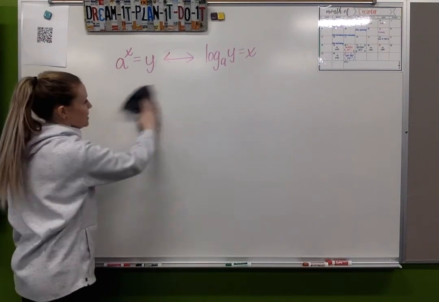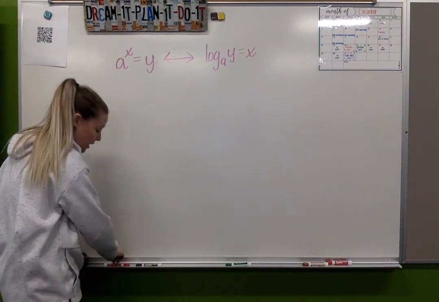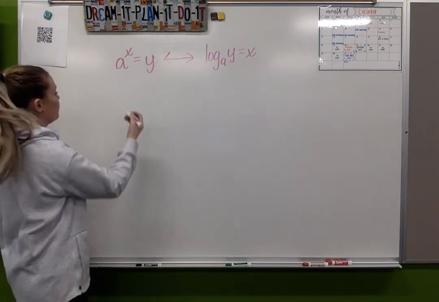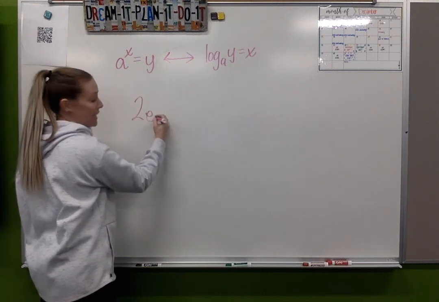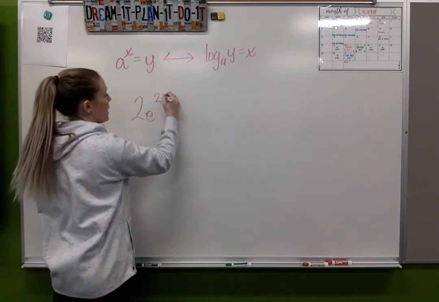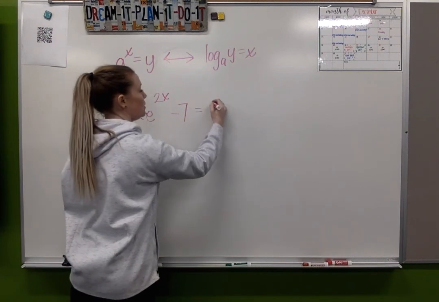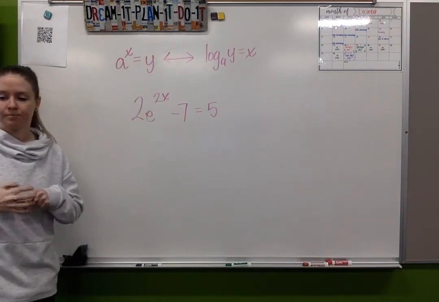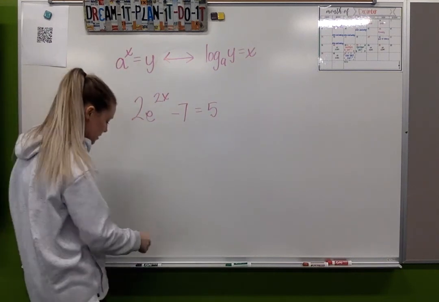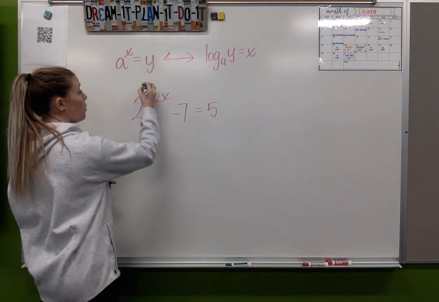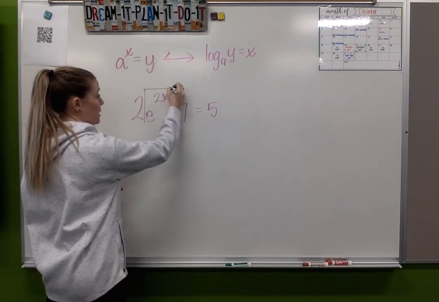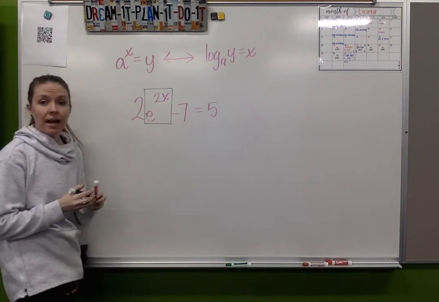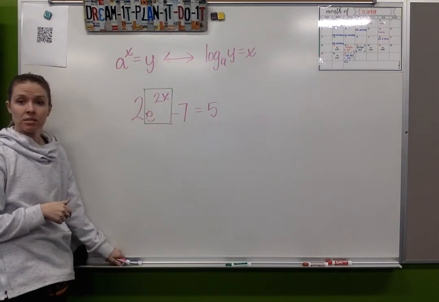So exciting. All right, so this problem, we're going to do 2e to the 2x minus 7 equals 5. Again, the goal is to isolate the base. So this time, that's e to the 2x.